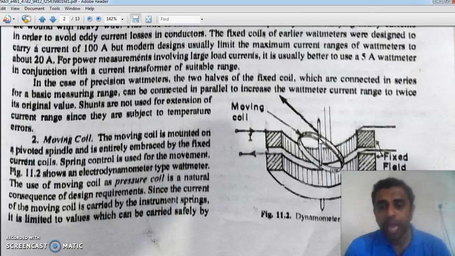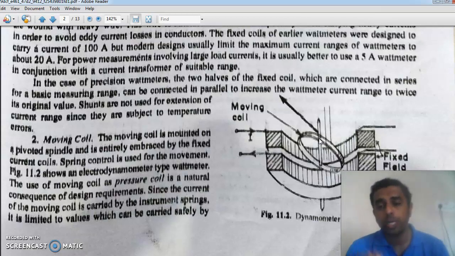As the pressure coil has very large impedance, negligibly small current is carried by the moving coil, so there is no problem in taking in and taking out that small current. With such small current, hairline thick springs can easily carry it.